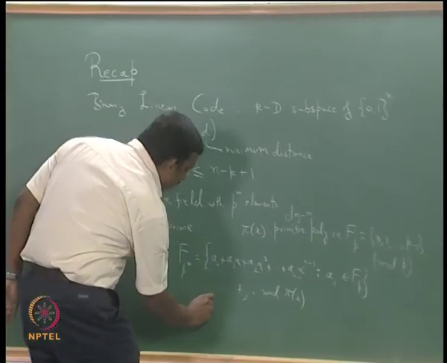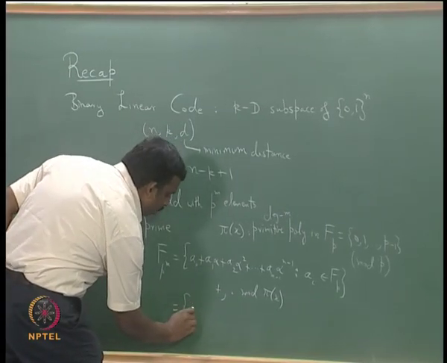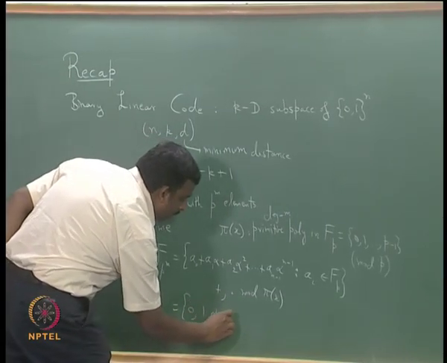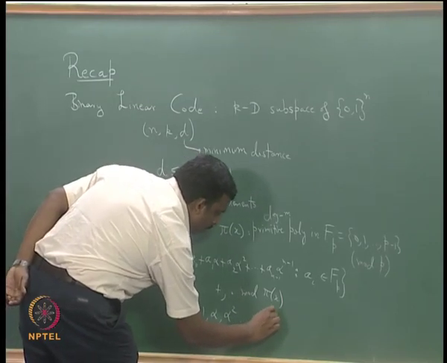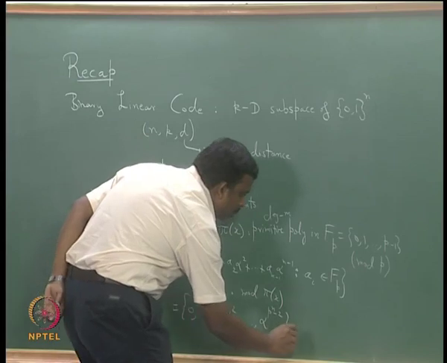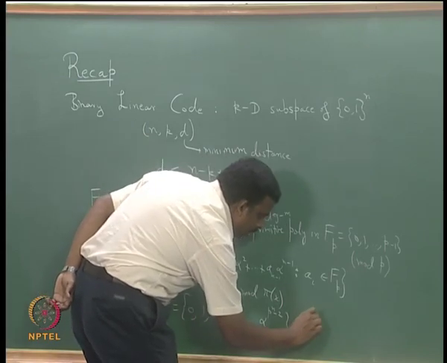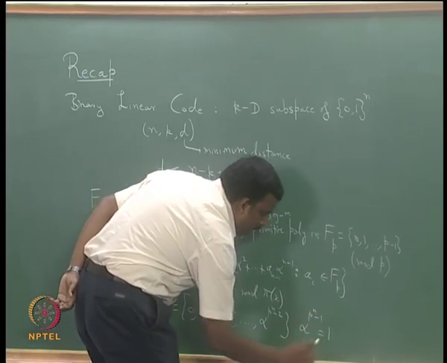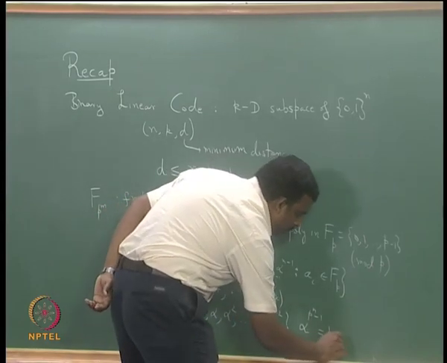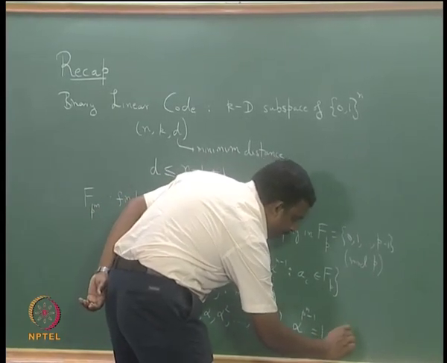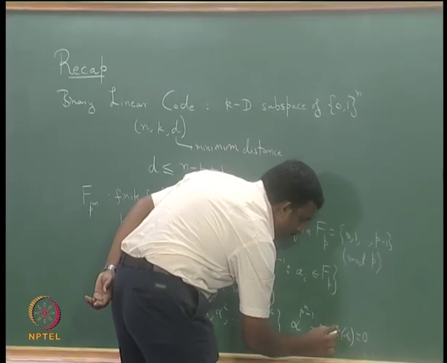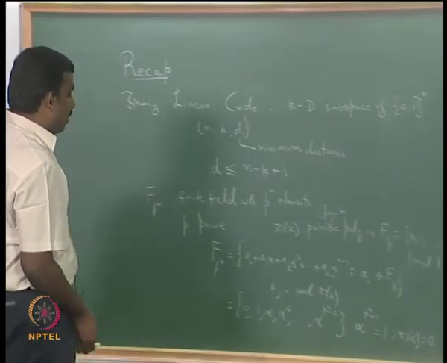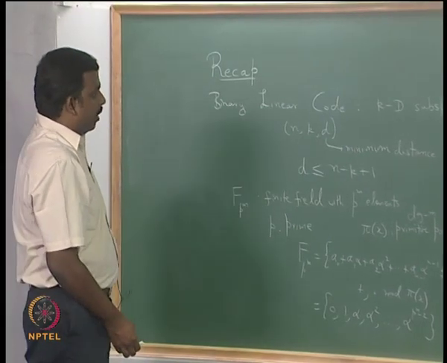So you can write this as 0, 1, alpha, alpha squared, up to alpha to the power p^m minus 2, such that alpha to the power p^m minus 1 is 1, and π(alpha) is equal to 0. This is another equivalent way of describing the field.